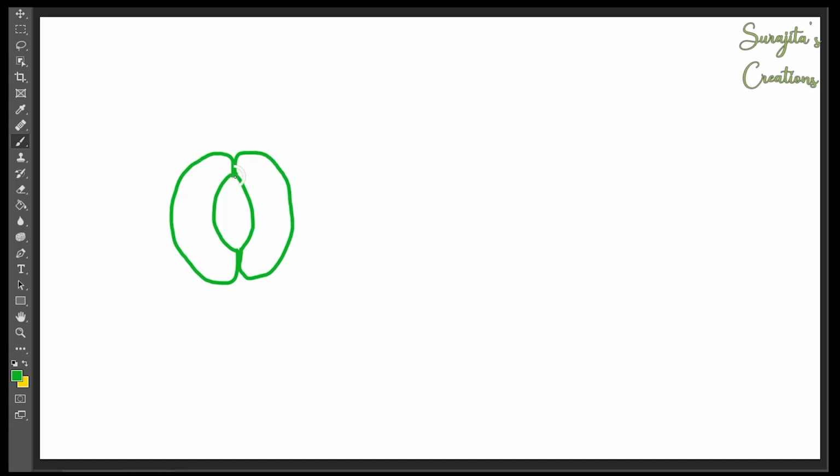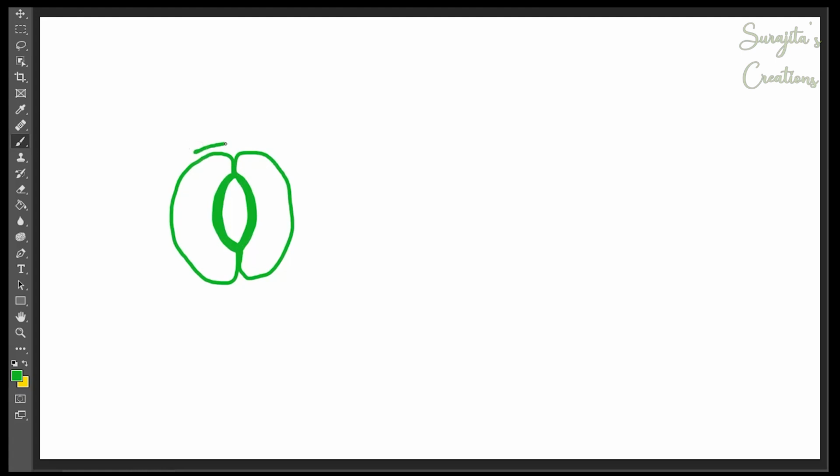But the walls of the guard cells are unevenly thickened. Means the inner wall is thicker whereas the outer wall is thin. So it is to be made thicker. These two guard cells are surrounded by epidermal cells.